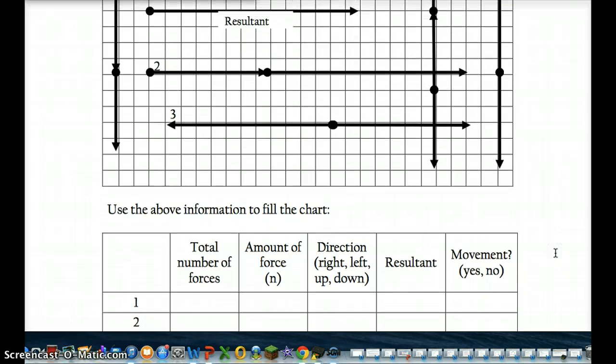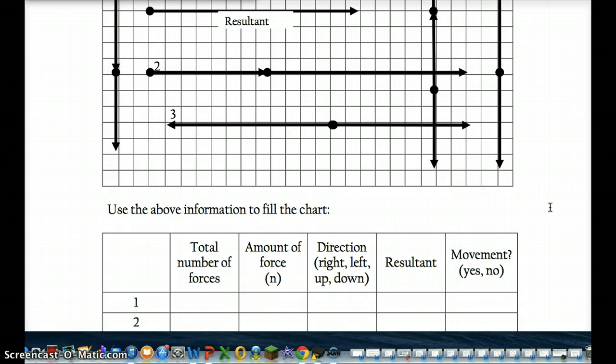The amount of force would be 21 newtons. It's going to the right. Our resultant, you would draw starting here all the way across. You put your dot here and draw one big long line with the arrow pointing at the end. And yes, we do have movement.